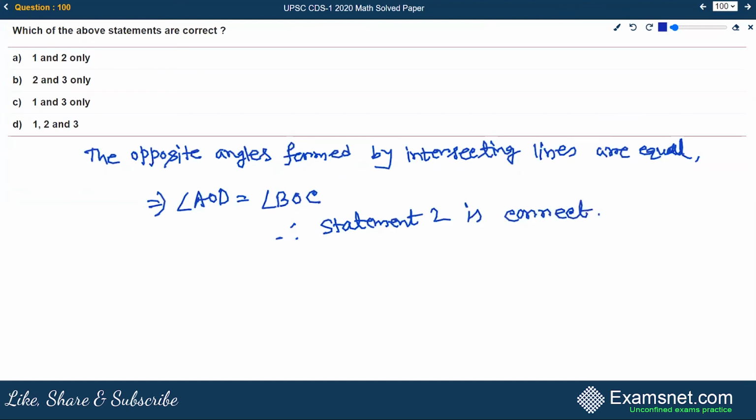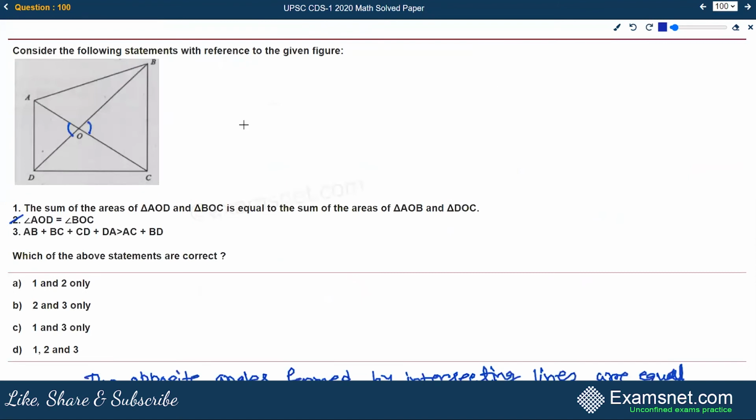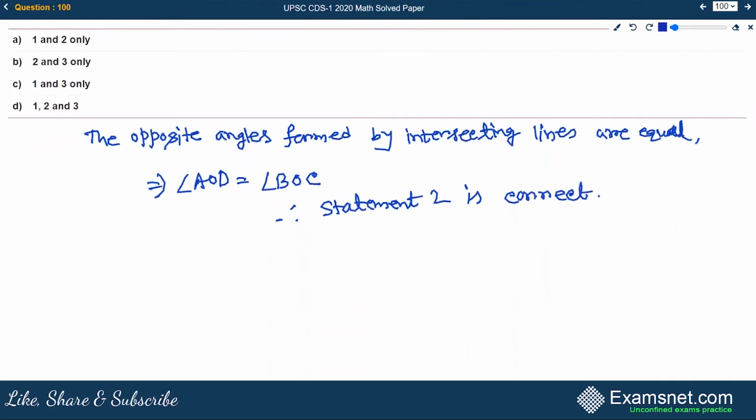Next, we can draw a line through A, let's name it X and Y, and say that the length of XY is H units.